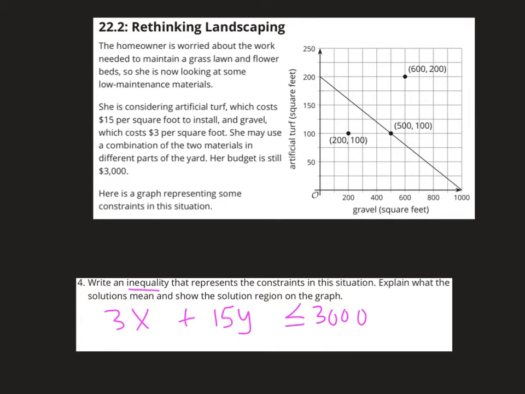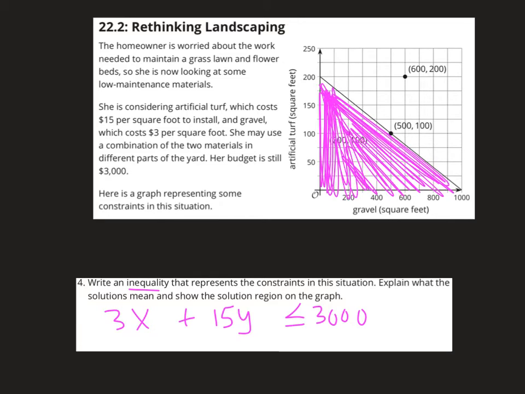Don't think too long and hard about this, folks. And what does the solution look like if we were to graph it? We would shade all of this region below, and we would use a solid line. We're saying that all of the points on this line are a solution to that inequality because it is included. The line is included, and all of the points below.